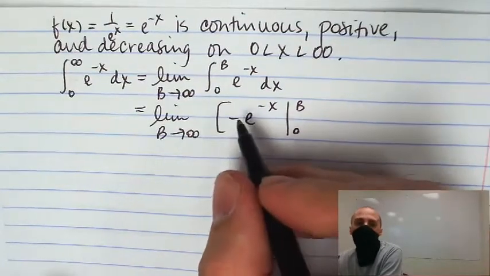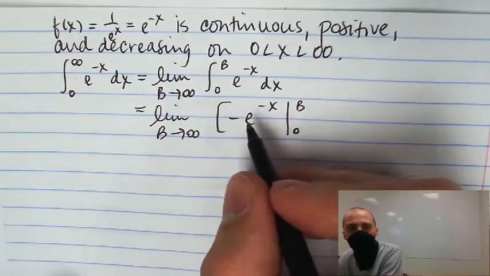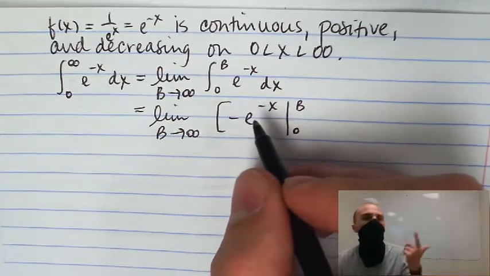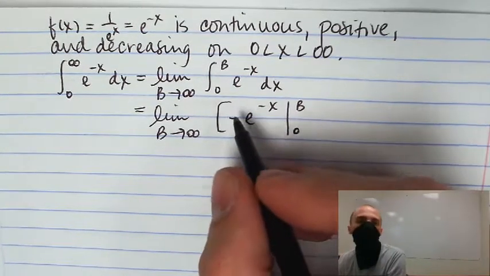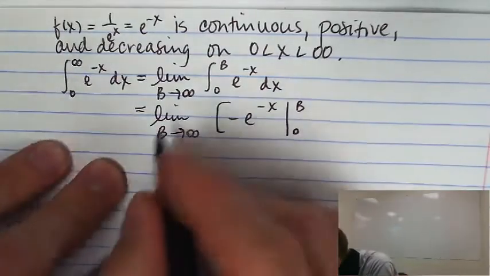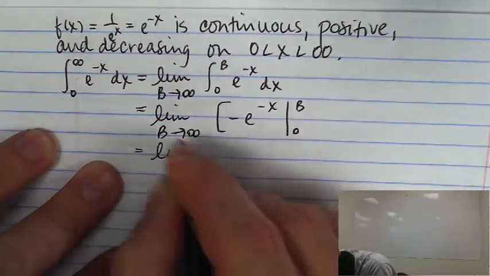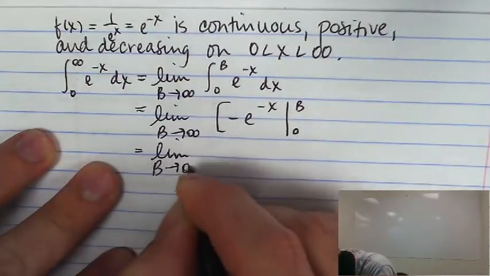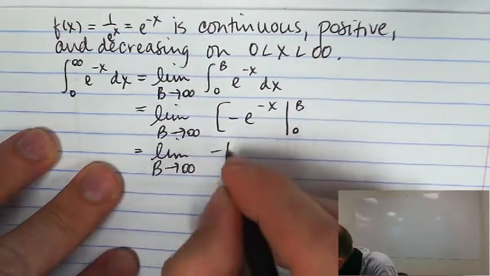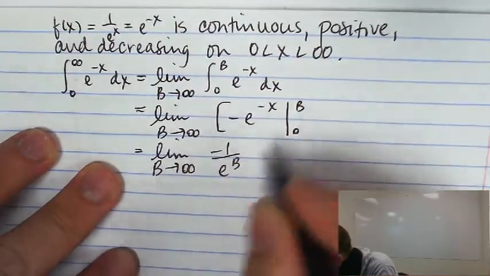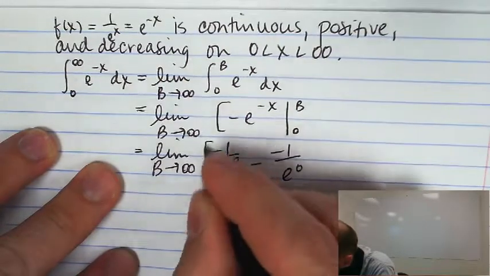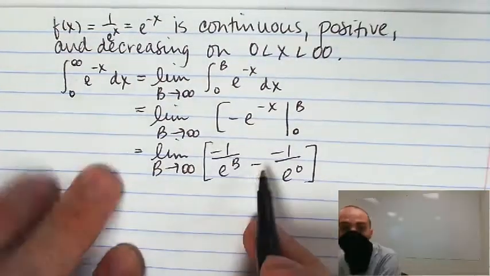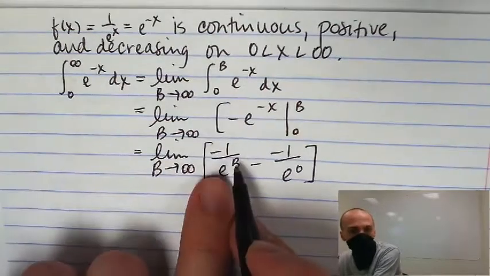Okay. I think that this is actually easier to write as a fraction, especially to think about the limit as b goes to infinity. So I'm going to call this -1 over e to the x in general, and really do the subtraction and start calling it as a fraction. So this is -1 over e to the b minus -1 over e to the 0. And this limit goes to 0 as b goes to infinity.